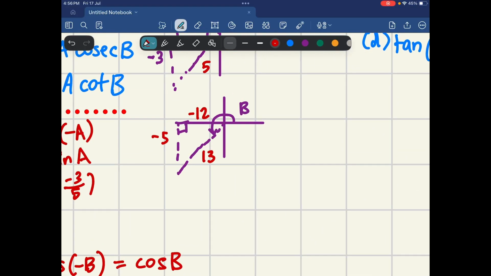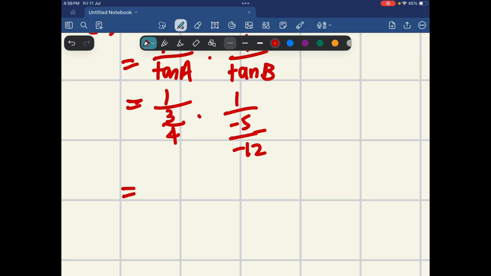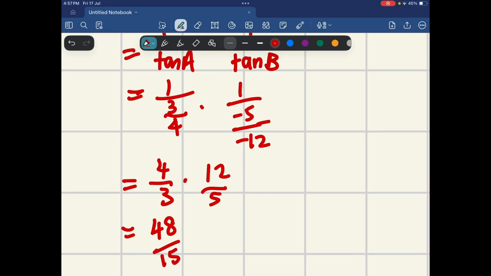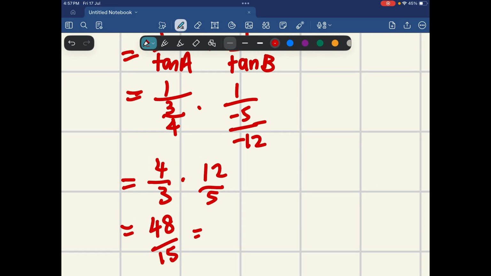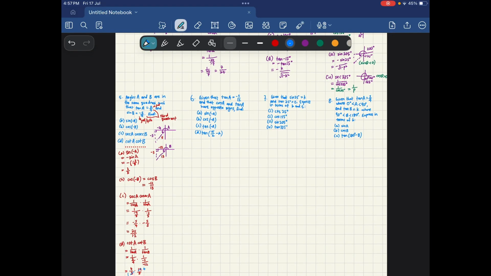So it's minus 5 divided by minus 12. So this is 4 over 3. This is 12 over 5. You'll get 60 over 15. So 48 over 15. And actually we can simplify that further. I did not realize that. So it's actually 16 over 5. So there we go. That is question 5.